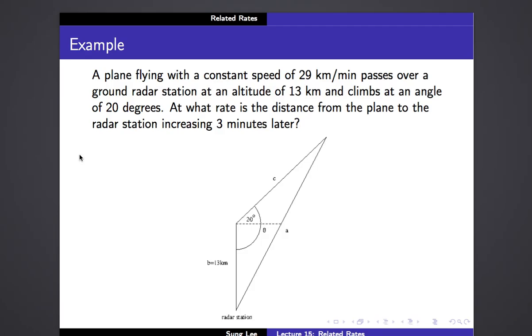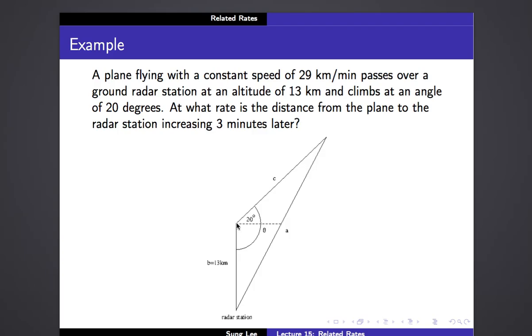So let us take a look at the following figure, which depicts what's described in the question. Here we have a radar station. The altitude of the airplane is 13 kilometers.